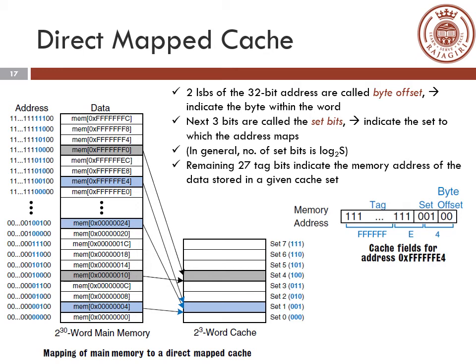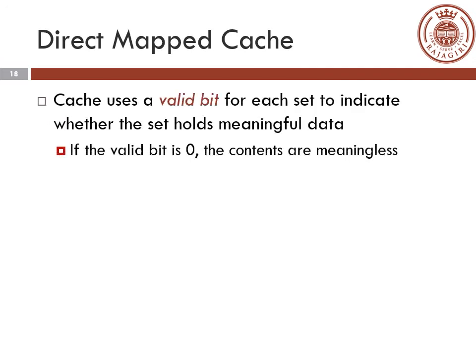So when the data is being moved from the main memory to the cache memory, along with the data, you will be moving this 27 bit tag. Now sometimes if nothing is loaded into the cache memory, initially it might have some junk values.